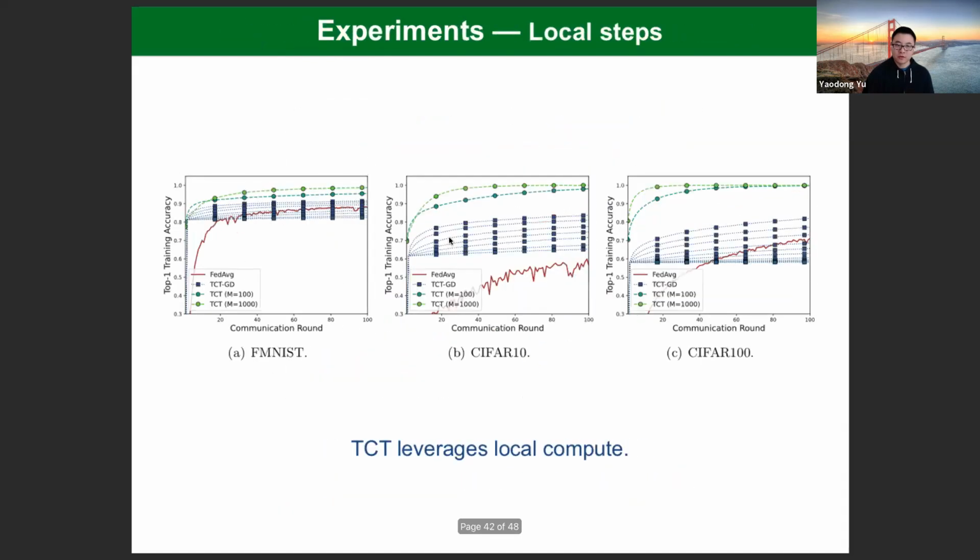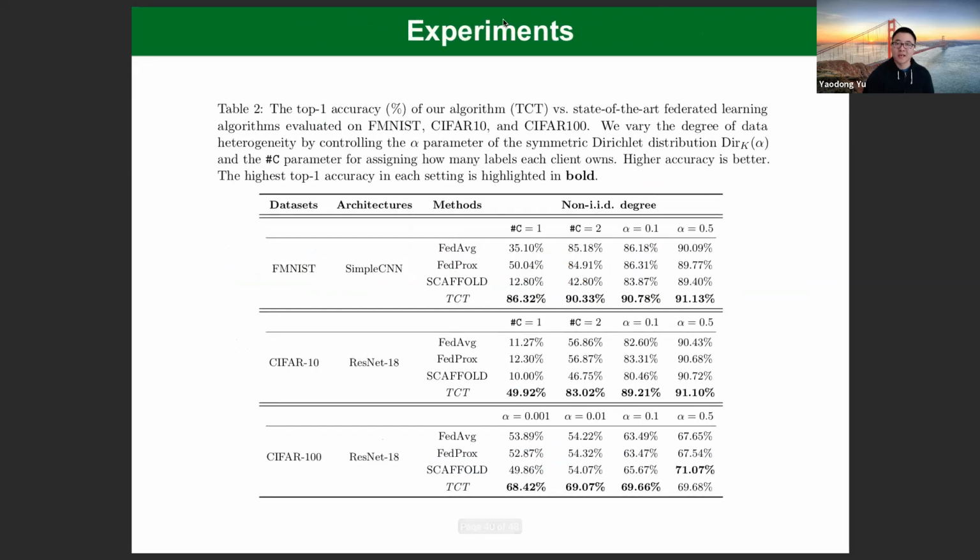I guess you're definitely making sense. In this case, we are definitely converging to 100% training accuracy, but for generalization there's still a gap in this challenging case with alpha equals 0.1. And if we do not limit the rounds of communication for federated averaging, it will converge to the ideal solution.